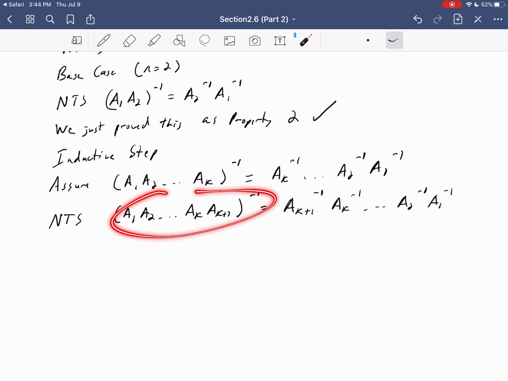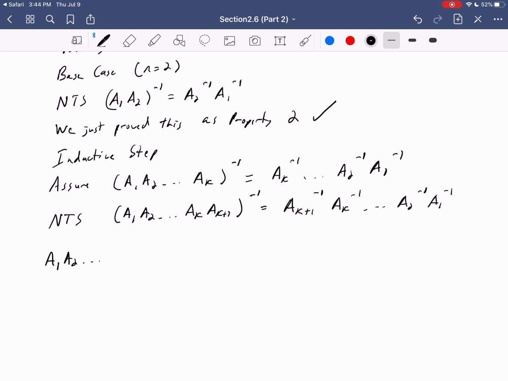So let's go ahead and do that. We'll start with the left-hand side. So we have (A1 A2 ... Ak A(k+1)) inverse. What we're going to do is some clever grouping. We're going to view this giant group, the first k of them, as one matrix, and this one as a second.